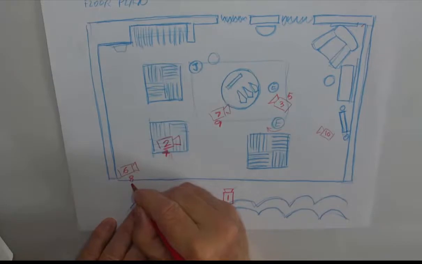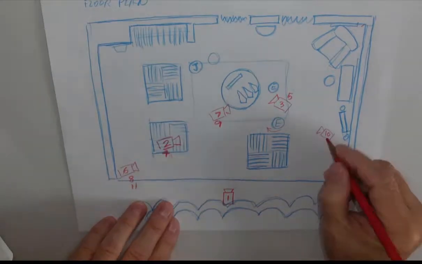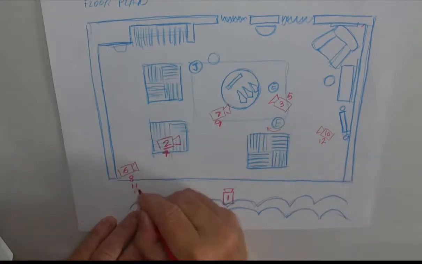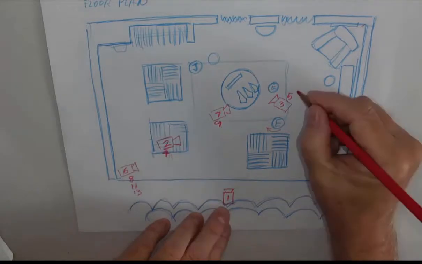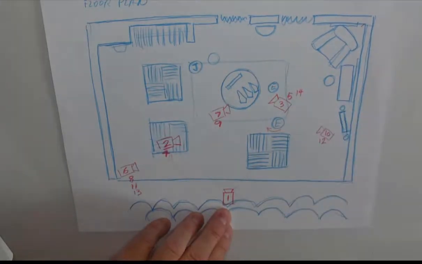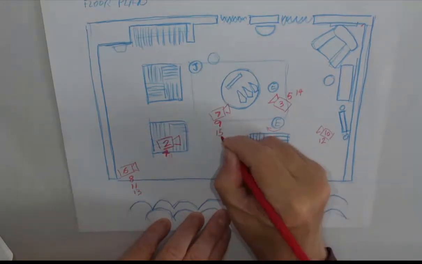Going to 11, we're back at this camera. Shot 12, we're back at 10. Where do we go for 13? Yeah, so we're back here for 13. Then we have shot 14, which is back up here. And then we have 15. Where do we go on that one? Yeah, so 15 down here.